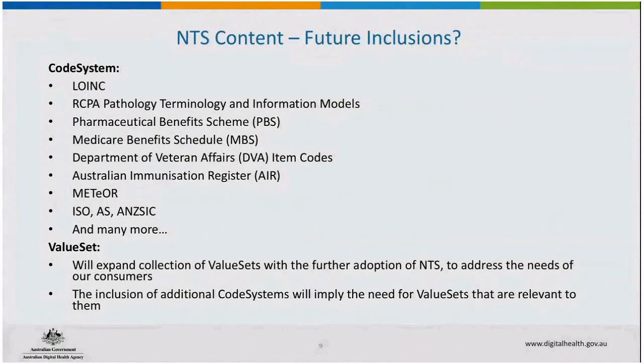If we were to include, say, the PBS code system, we'd have the opportunity to start authoring concept maps that would provide a direct mapping between AMT medications and their PBS counterparts. Beyond that, really, it's whatever else you can think of. So I'd encourage you to contact PAN or the help desk about this, should you have any suggestions that you think would be good candidates for the NTS.